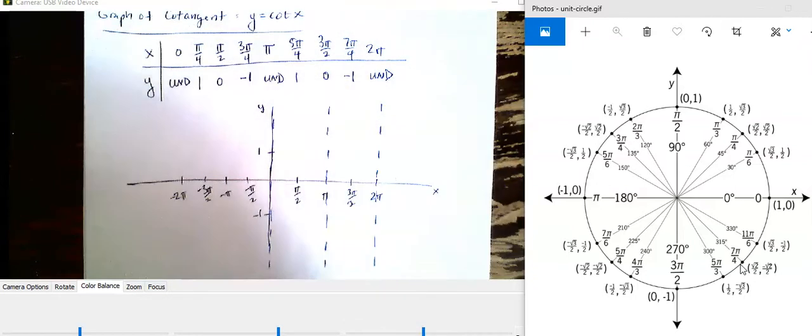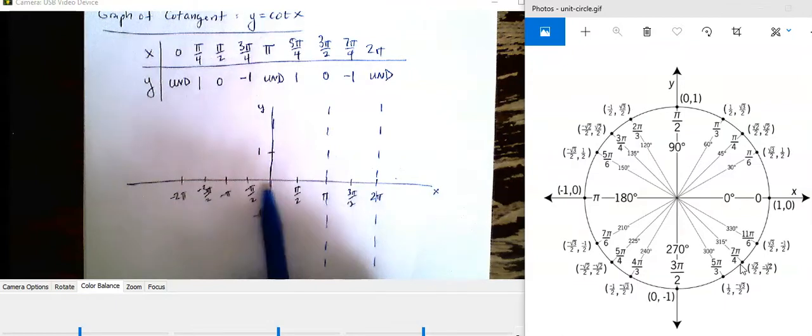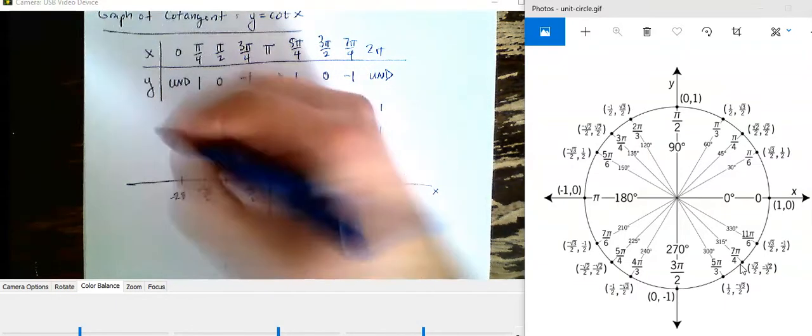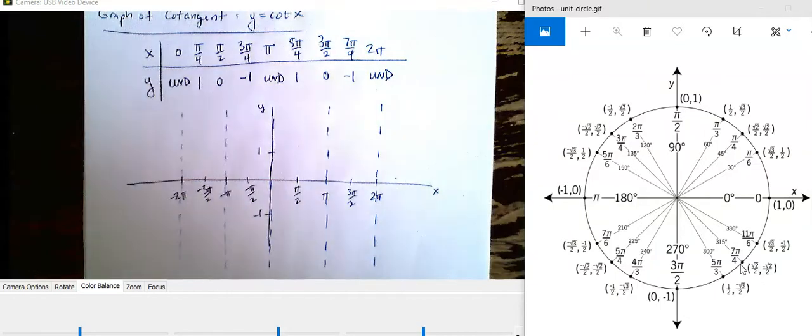Okay. So let's guess to see where the 1 happens over here. So it looks like the asymptotes are spanning about every pi units. So our asymptote in this direction would be at negative pi, and another one at negative 2 pi, and another one at negative 3 pi, and so on and so forth, right?